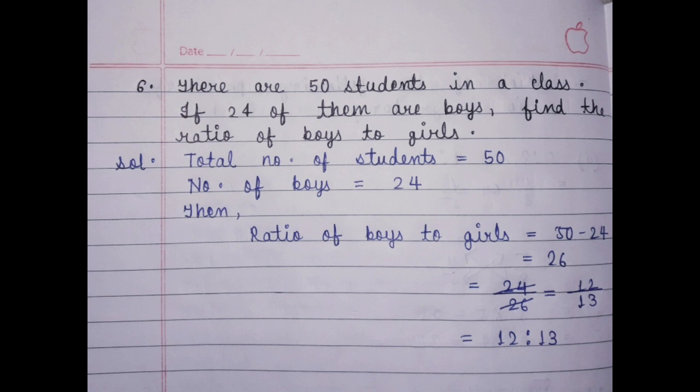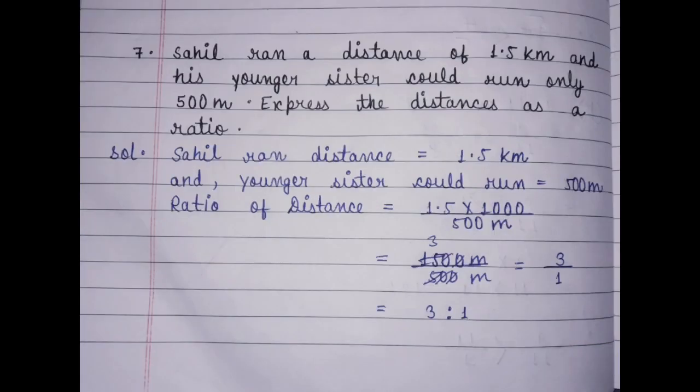Let's see our seventh question. Our seventh question is Sahil ran a distance of 1.5 km and his younger sister could run only 500 meter. Express the distance as a ratio. Sahil ran distance is equal to 1.5 km and her younger sister could run only 500 meter. Ratio of distance.